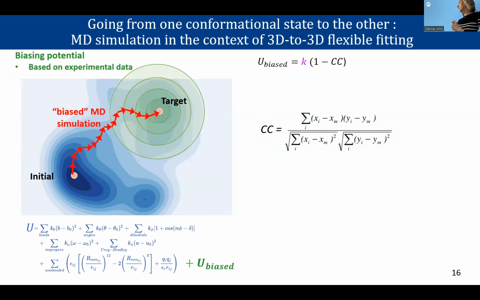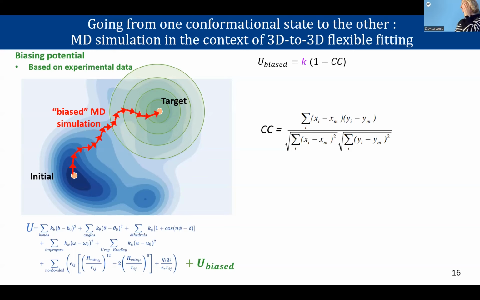So basically, this is what you do. One is the input, and the other is the model simulation. You compare the two maps, and you add this potential that we call biasing or bias potential to your, for example, CHARMM model here.